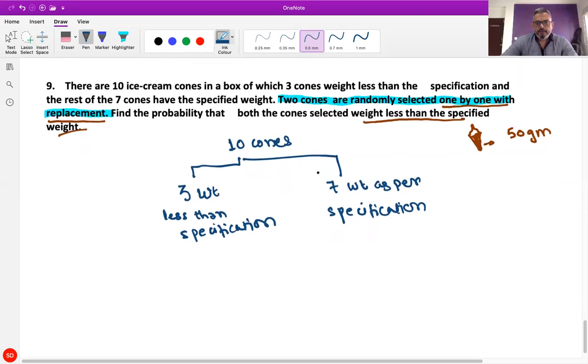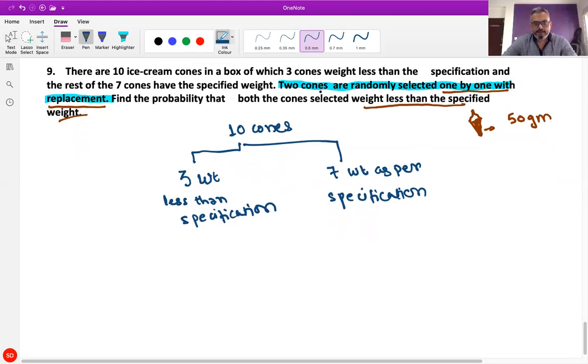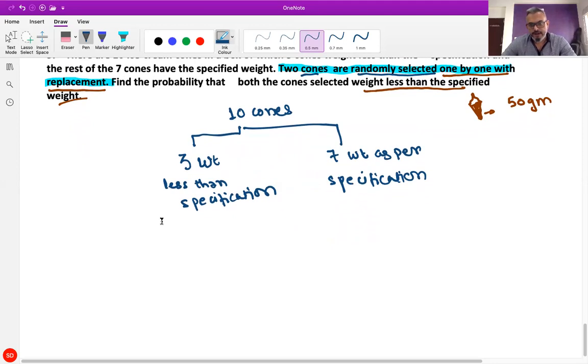Now here we have to select 2 cones randomly one by one with replacement.